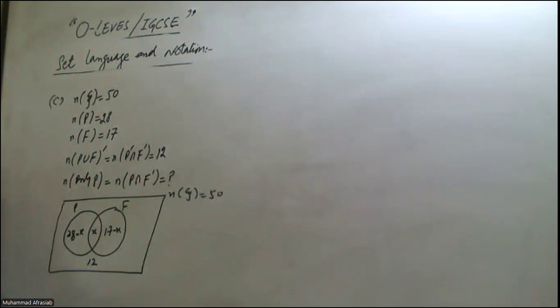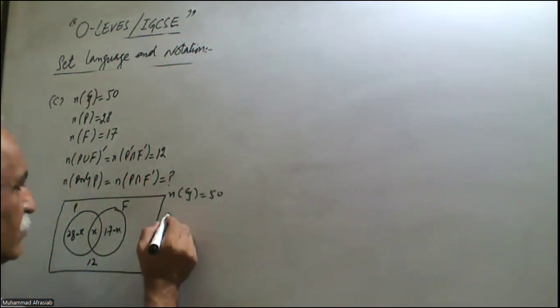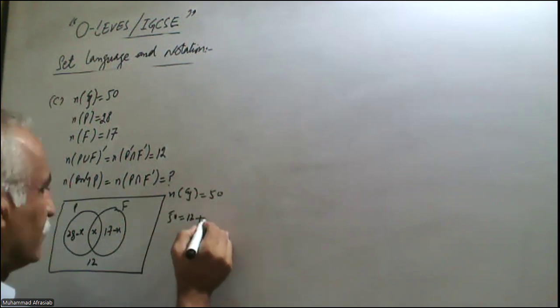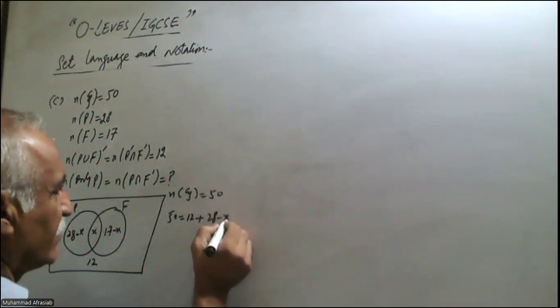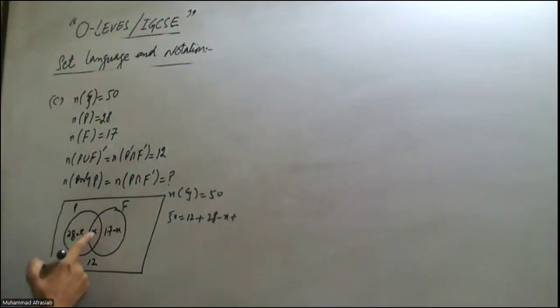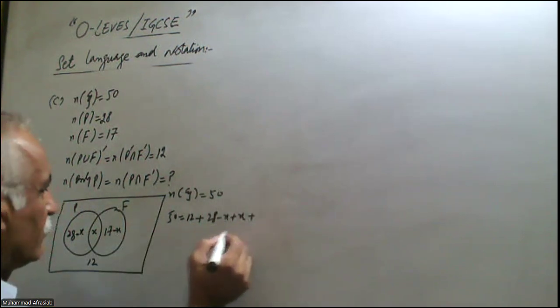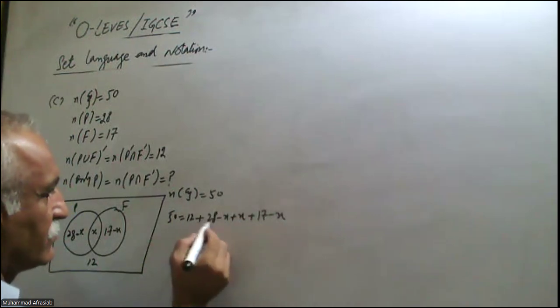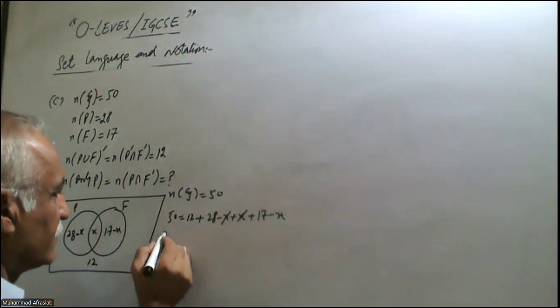Now we will first find the common element between P and F. We know that 50 is equal to 12 plus 28 minus x plus x plus 17 minus x. So the minus x and plus x cancel out.